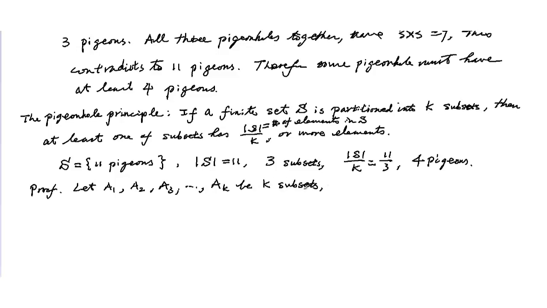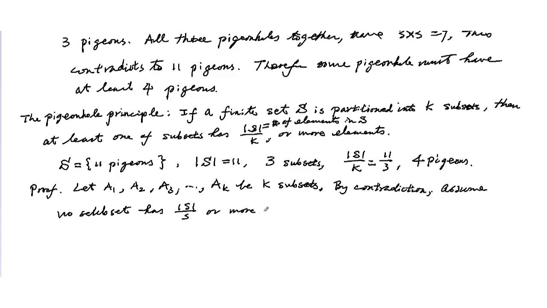K subsets is like K pigeonholes, because each pigeonhole hosts some pigeons. And then by contradiction, assume no subset has cardinality of S divided by K or more elements.